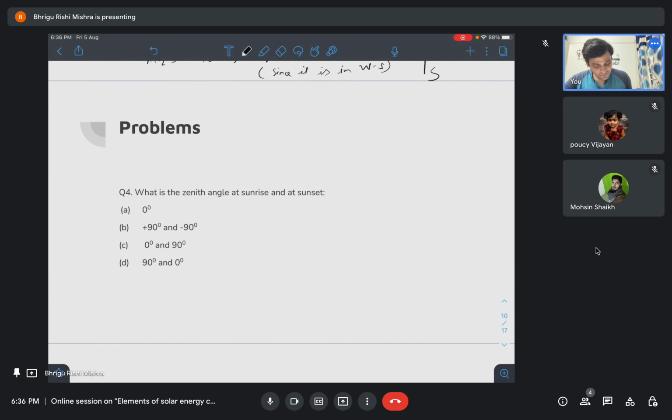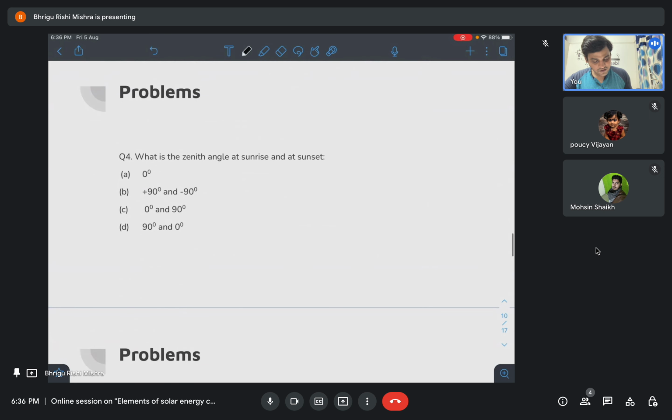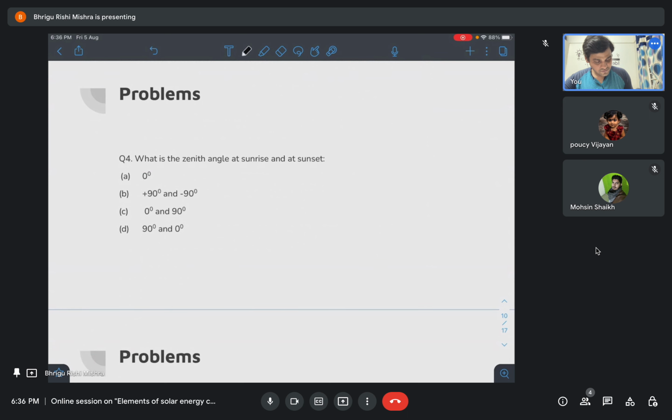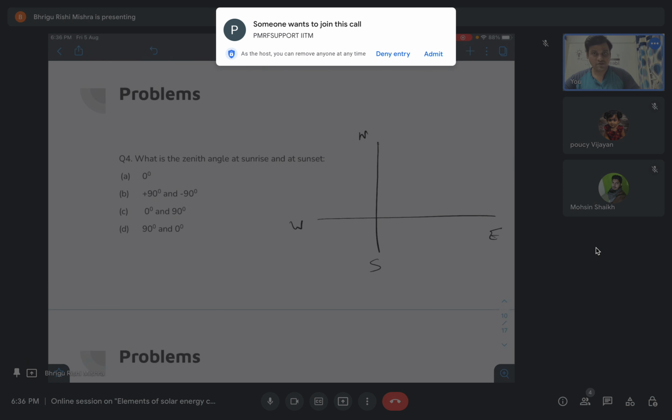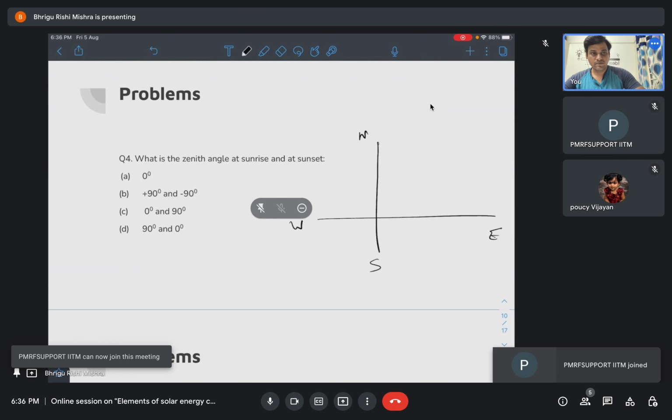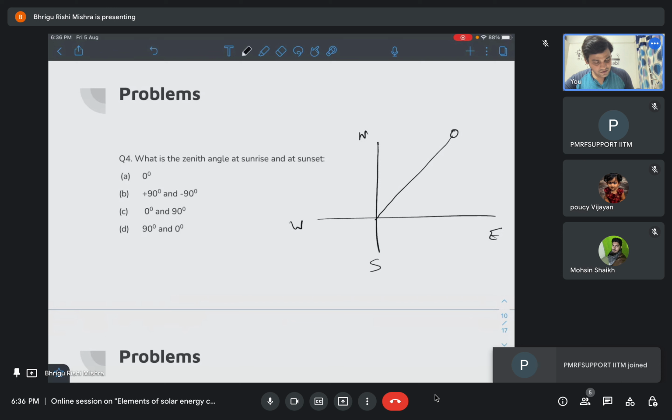So if we draw the 2D diagram for the zenith angle, for example, this is north, south, east, west, and suppose the sun is somewhere here. The angle it makes with the north is called the zenith angle.